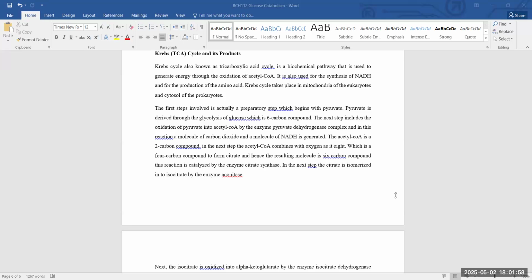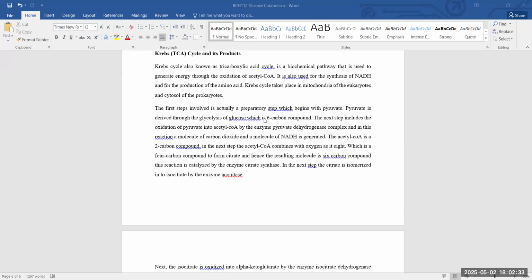So when pyruvate is formed, 2 net ATP are generated and released. And when that happens, pyruvate will now be further converted to acetyl coenzyme A, called acetyl-CoA, as you've seen in this material I'm sharing. Pyruvate is quickly converted to acetyl-CoA so that the TCA cycle can easily be initiated.